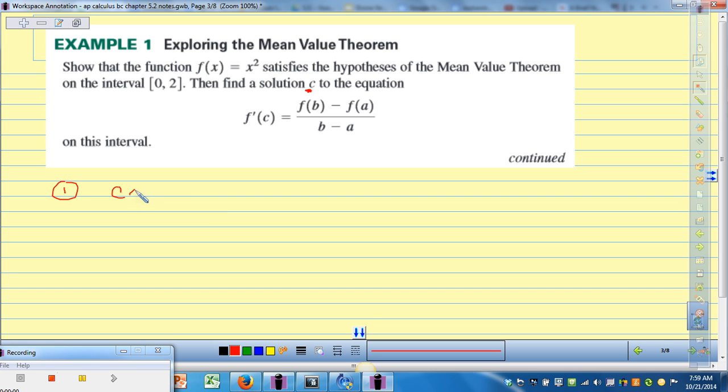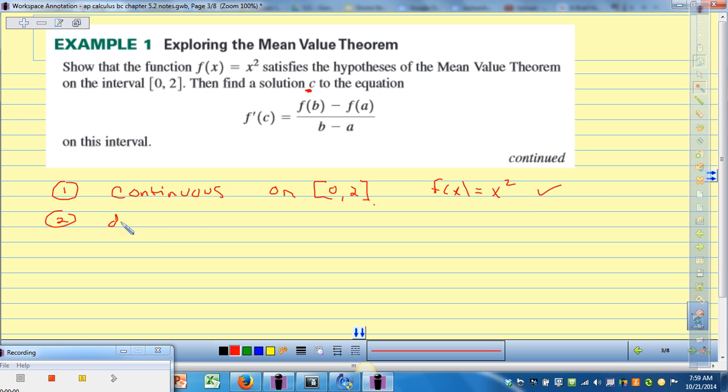Is x squared continuous on the closed interval 0 to 2? Yes or no? Yes. Continuous everywhere, so it is continuous on that interval.